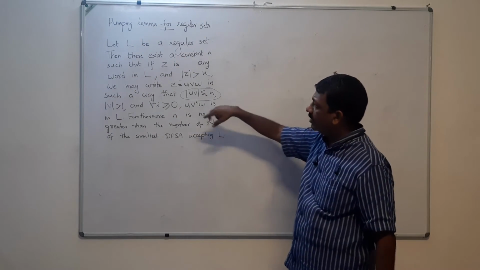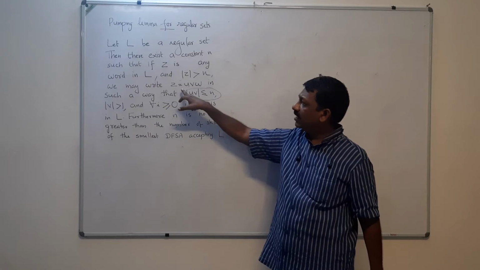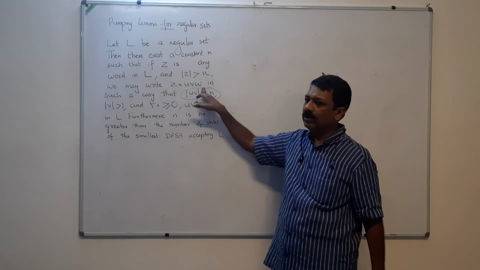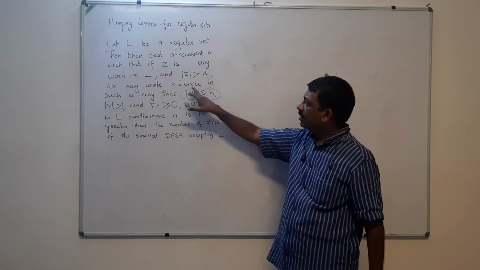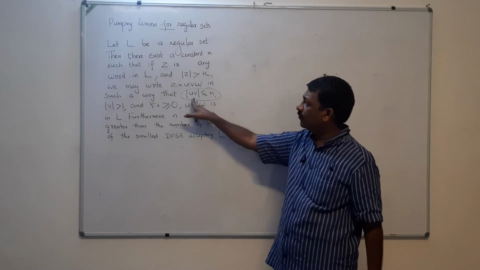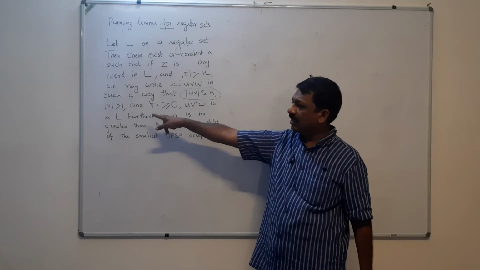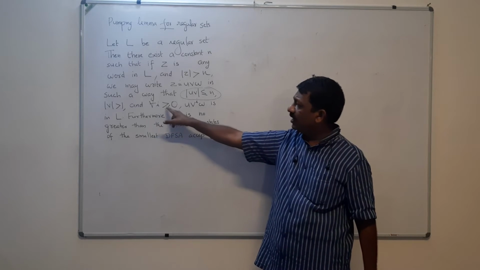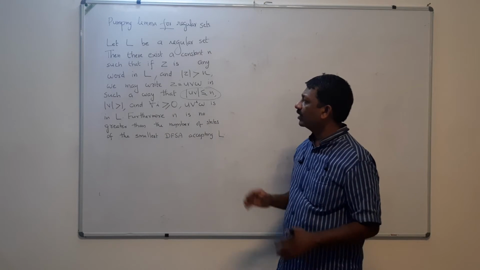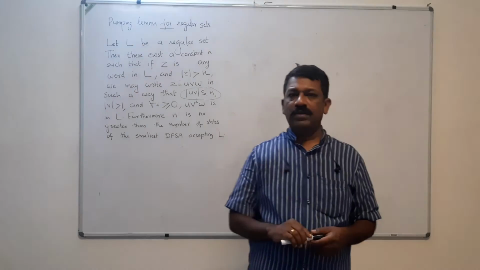After that you can split Z into U, V and W in such a way that the modulus of UV is less than or equal to N, the modulus of V is greater than or equal to 1, and for every I greater than or equal to 0, U V raised to I W is in L.